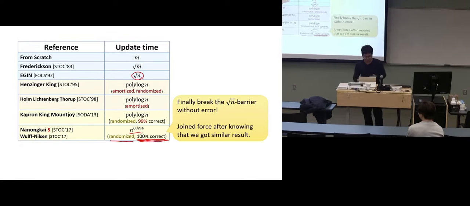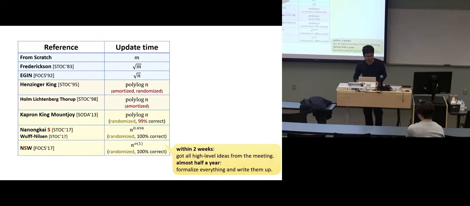But anyway, when we knew that happened, we just talked together. And what's very cool is that just by talking to this guy, Christian Wulff-Nilsen, and my advisor, Danupon Nanongkai, we managed to improve this to n to the little o of 1.